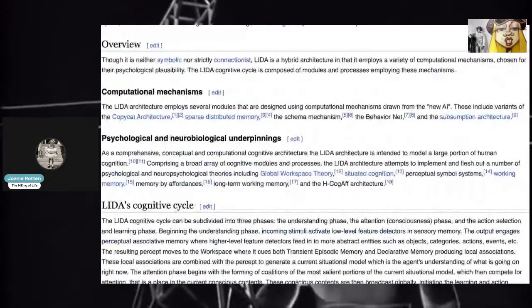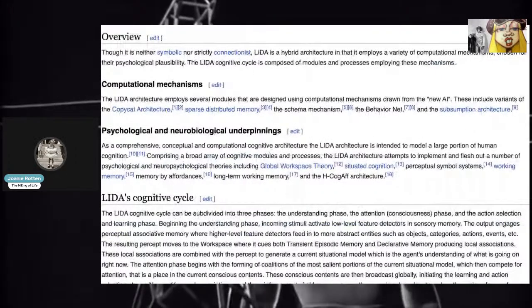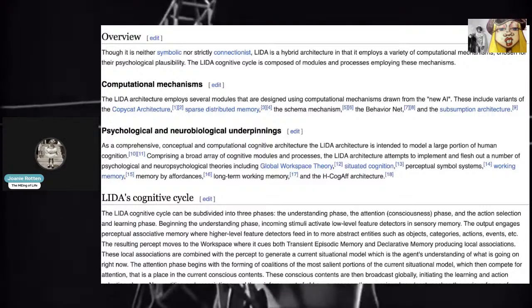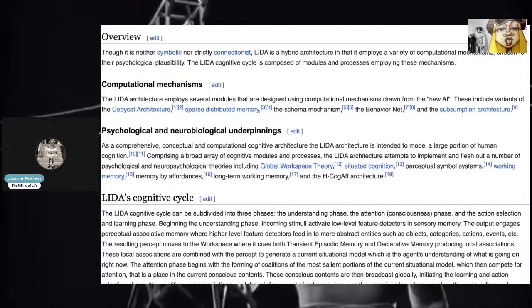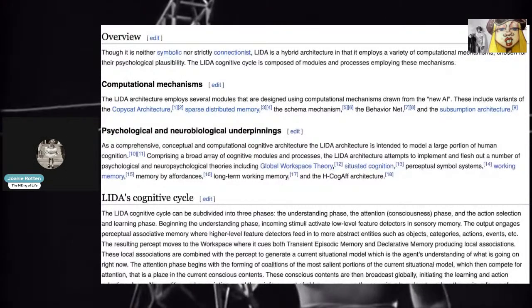Though it is neither symbolic nor strictly connectionist, LIDA is a hybrid architecture in that it employs a variety of computational mechanisms chosen for their psychological plausibility. The LIDA cognitive cycle is composed of modules and processes employing these mechanisms.